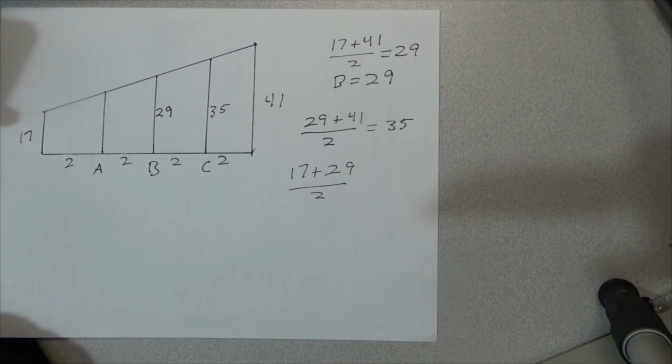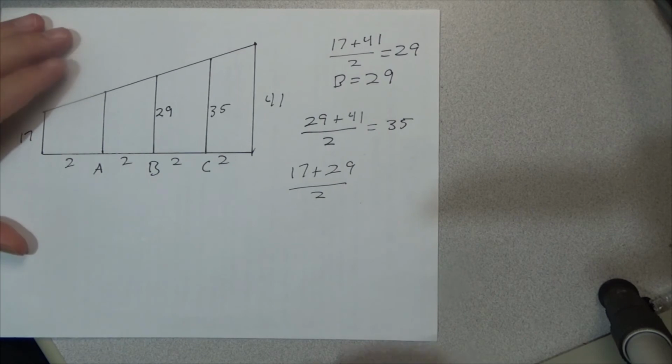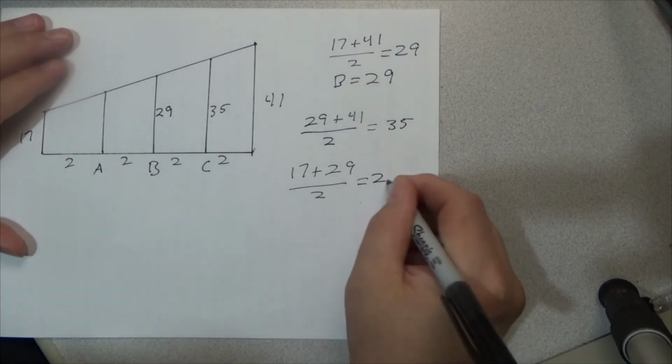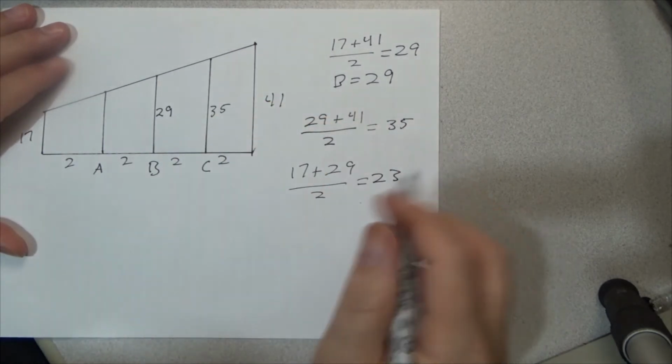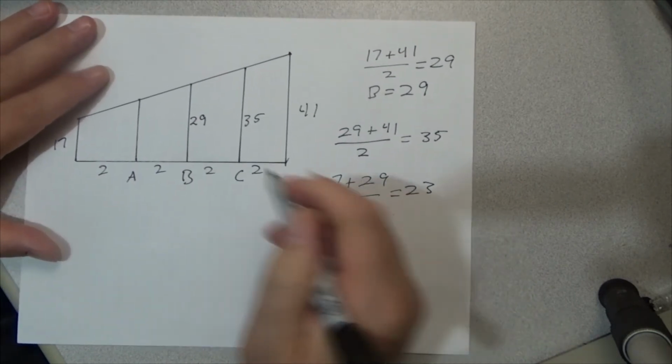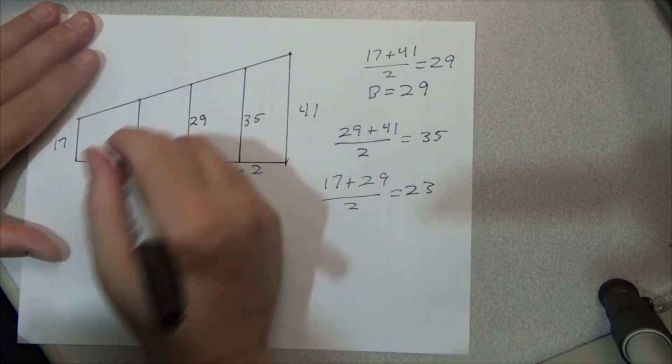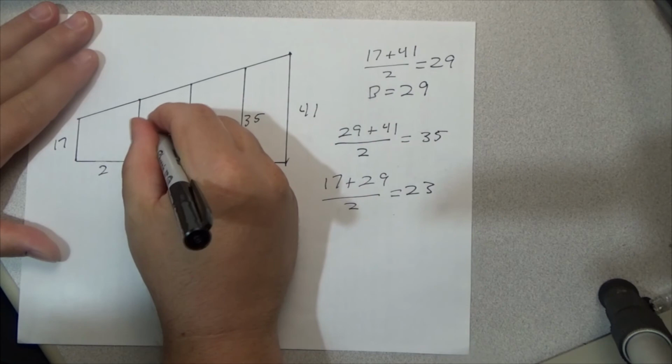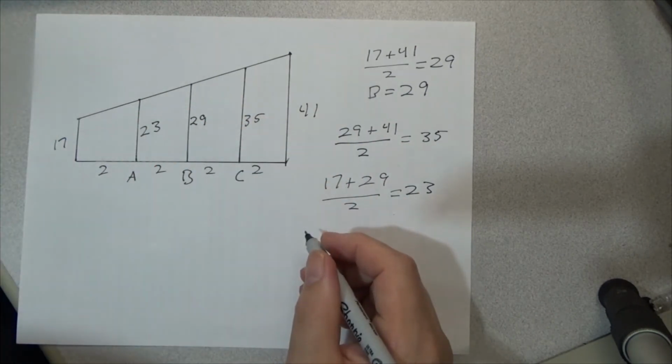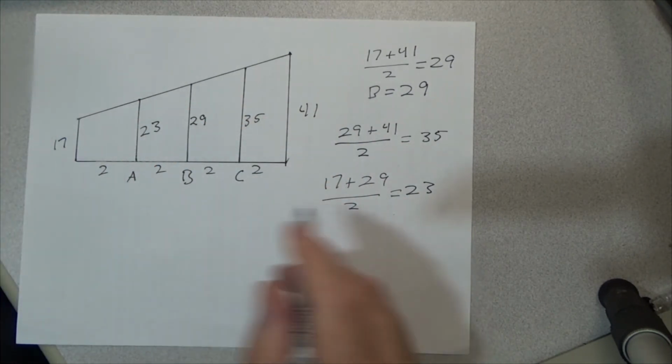Oh, 46. See, I would have messed that up. I had a hunch that I was going to screw that up. So that is 23. It kind of looked like it was going to be wrong if it was some kind of fraction or decimal. So this one is 23. So that's how you break it down if you're given many.